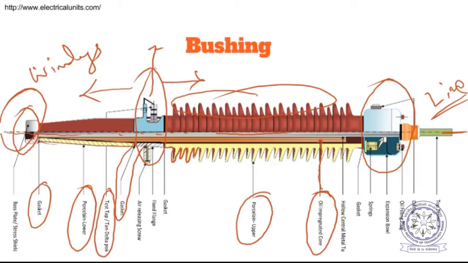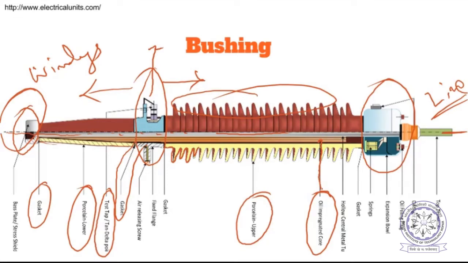Wherever sharp edges are there, due to high electric field, corona discharges will occur at the sharp edges. So to avoid that, high voltage electrodes will always have smooth curvature. This we will cover in the next semester actually. So till then you can take it that it should be a smooth curvature, or the radius of curvature should be high enough.